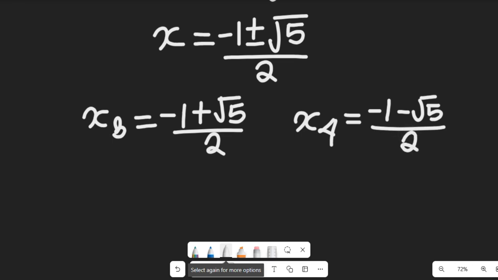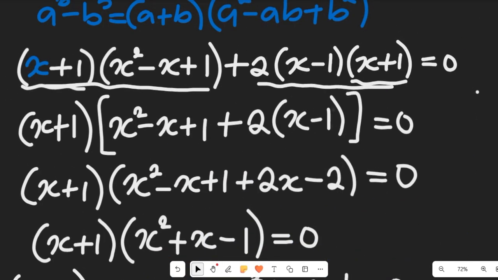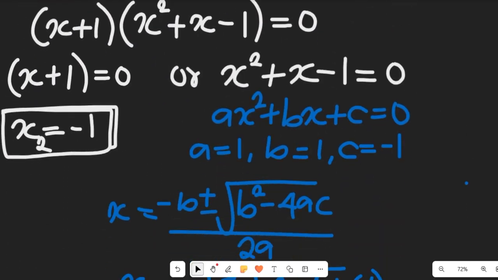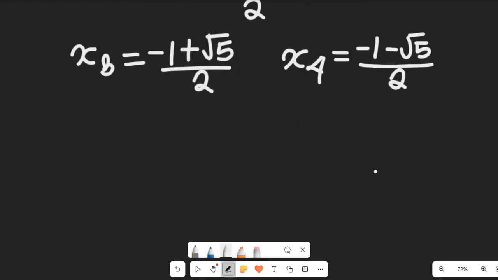So all the solutions of x we have: the first solution is x1 equal to 2, then x2 equal to negative 1, and then these two irrational solutions. So we're going to have the value of our x1 to be equal to 2. We have x to be negative 1.